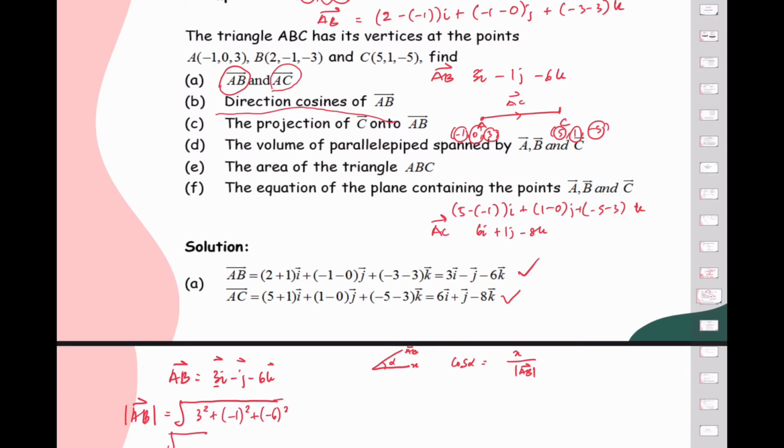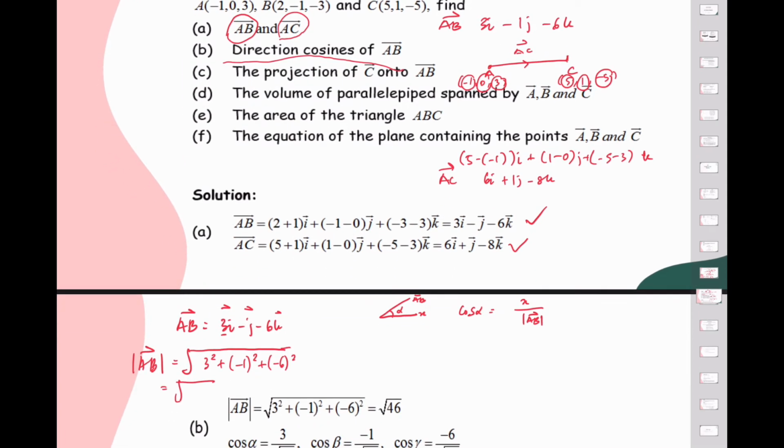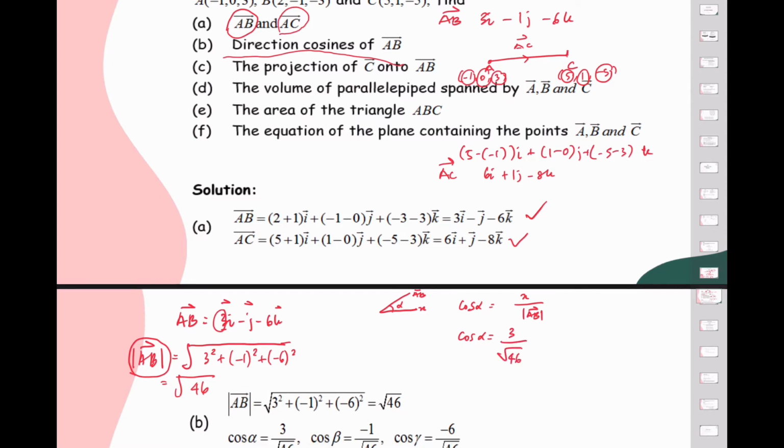Okay, so you have here your magnitude of AB. 3 squared is 9, plus 1 is 10, plus 36 is 46. So you have square root of 46 as the magnitude of AB. Okay, therefore to find cos alpha, it will be x. x is equal to 3 over square root of 46. So this one is your cos alpha.